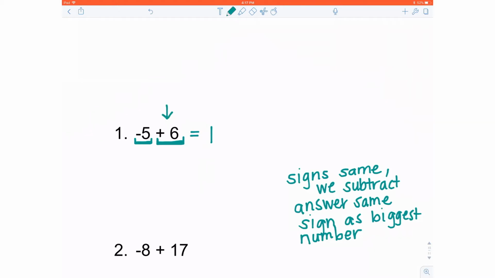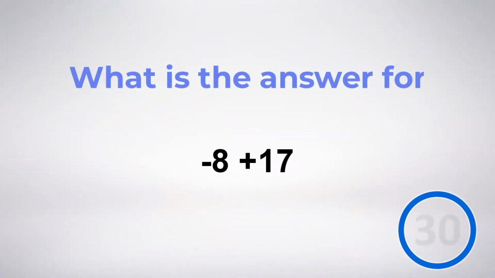So the 6 has a positive, which means our answer will have a positive. Now, we don't have to actually write positive one. You don't usually do that. But I just put it there so you could see it. But your answer is just going to be 1. So now that I did that for you, give number 2 a try and see how you feel about it. I'm going to give you a second and then I'll go over it with you.